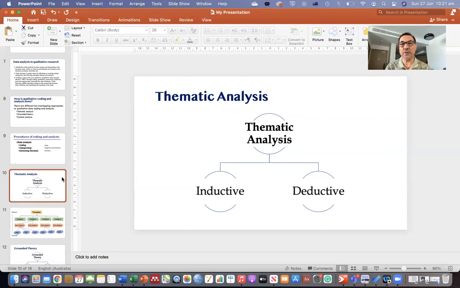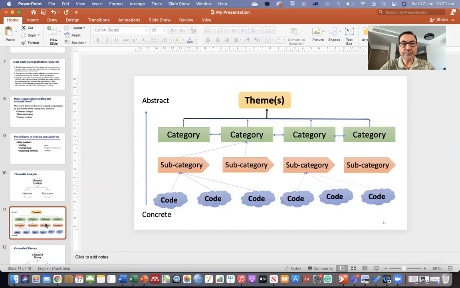So this is called a top-down or deductive approach to thematic analysis, in that you benefit from previous research, theoretical and analytical frameworks in order to make sense of your data.